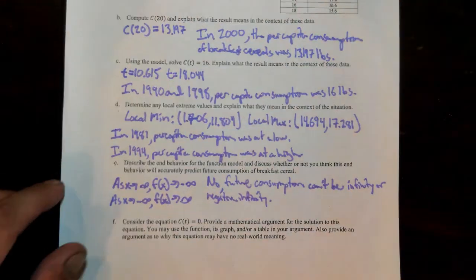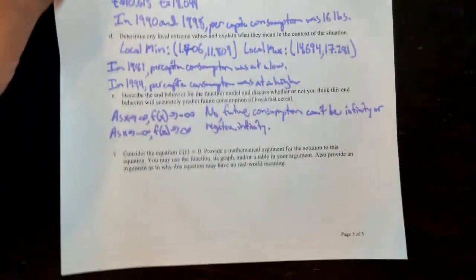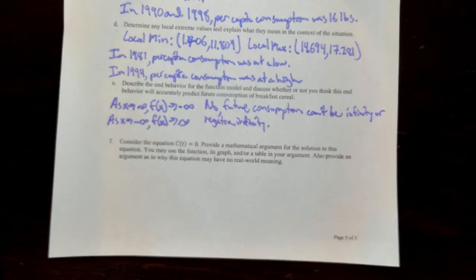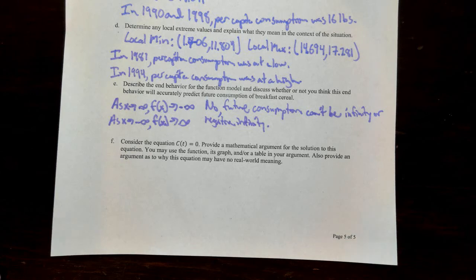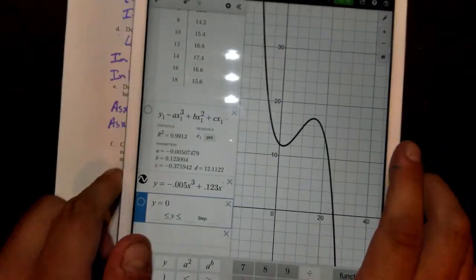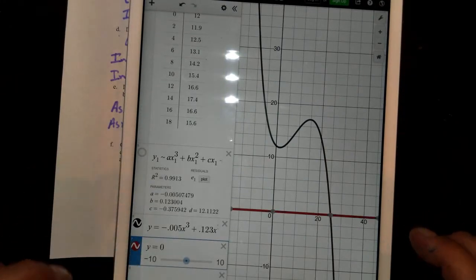So, and then part F, consider the equation C of t equals 0. Provide a mathematical argument for the solution to this equation. You may use a function, its graph, and or a table in your argument. Also provide an argument as to why this equation may have no real world meaning. So, here I have the two functions.